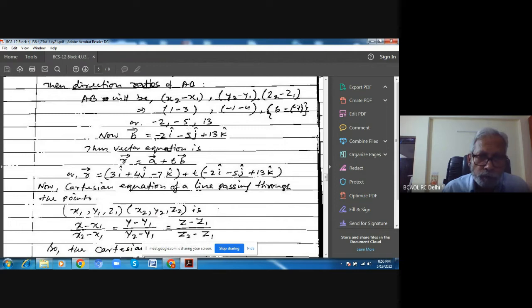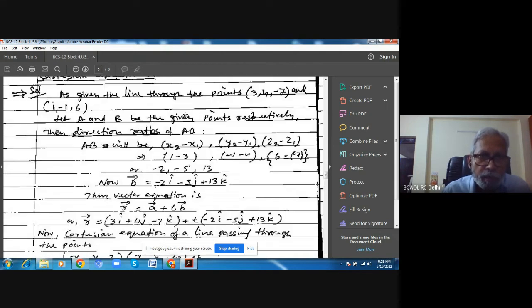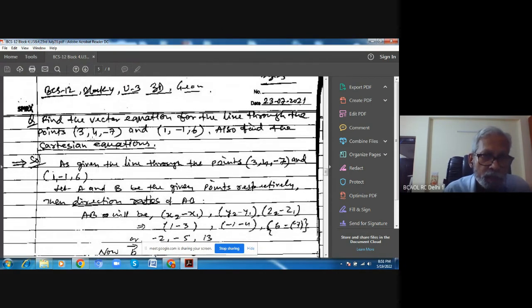This value is from here only, and this value is already given. Nothing new, all the data is available. When you put all these values, ultimately you will get these values. Now you make a vector. These steps you do because the question demands it. The question says find the vector equation.